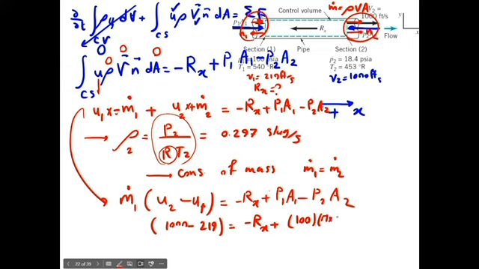So pi times 4 squared divided by 4. P2 is 18.4 multiplied by the area, which is the same, so no need to change that. And here you have rho, which you found, this one. Velocity and area, or you have the Q as well, I think.